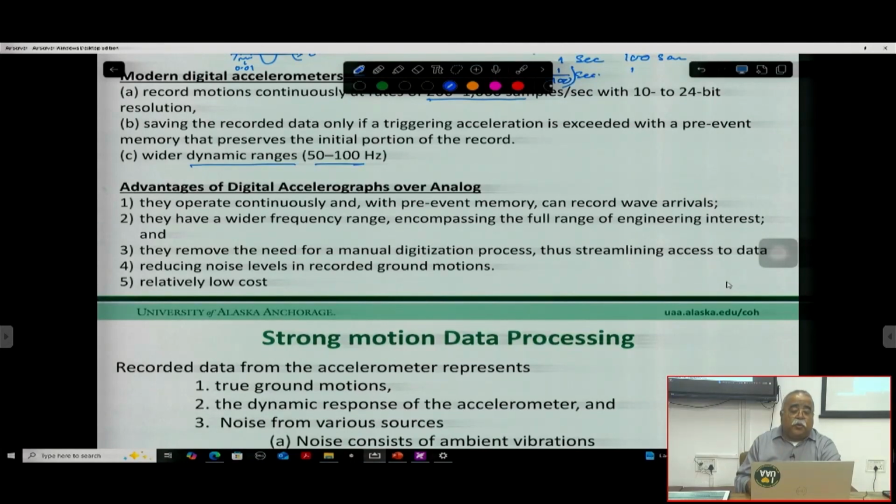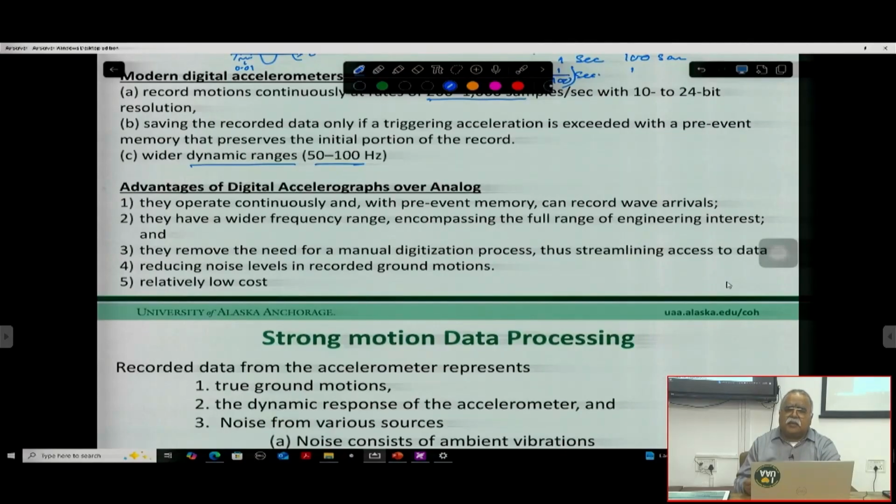Okay, and with a digital record, you can set up a noise level, and that will help you filter out the noise before it gets recorded, right?